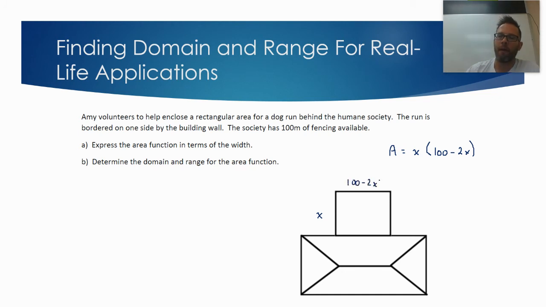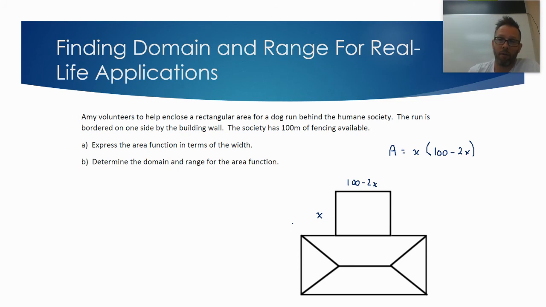So I want you guys to think, what kind of lengths are possible for the width of this dog run? Could you have negative lengths? Could the length be 0? Could it be 5? Could it be 50? Could it be 70? You might want to pause and think about this. What's the smallest length possible? And what's the biggest length possible?